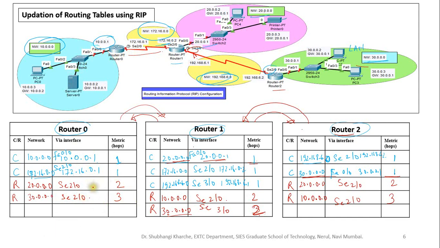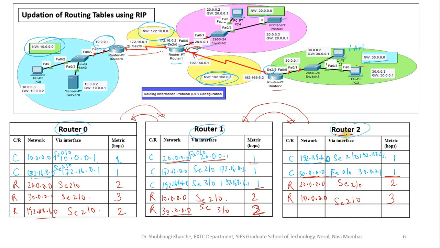Router 0 also understands that if router 1 can reach this 192.168.6.0 network with a hop count of 1, it can reach this network with a hop count of 2 via the serial interface 2/0.